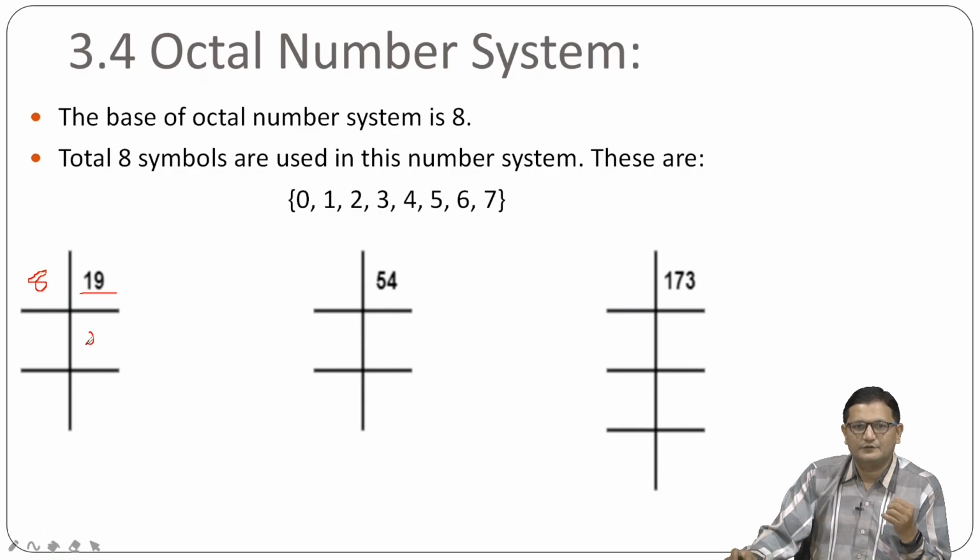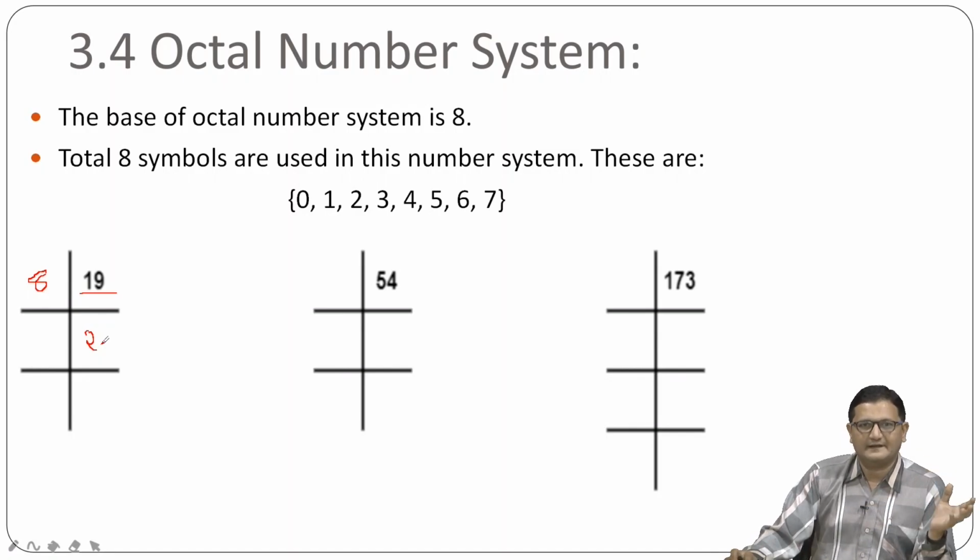So here 2 will be there, okay, and 8 twos are 16. 8 threes are obviously 24, but 24 is bigger than 19. So we will just consider 8 twos are 16, right. But what number is given to you? It is 19, not 16. So what will be the remainder? It will be 3. So you just record 3 here, okay.